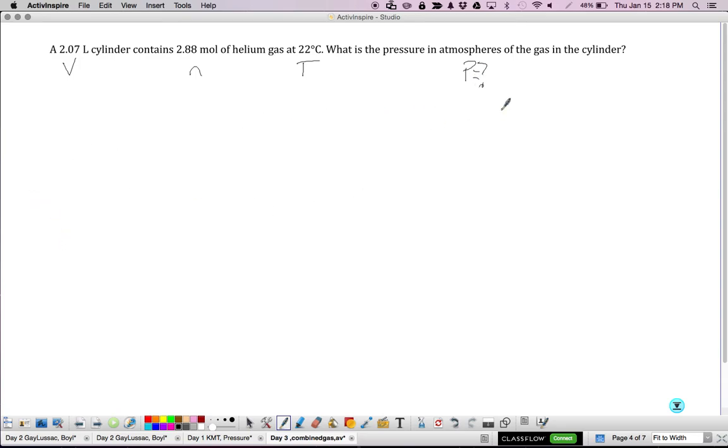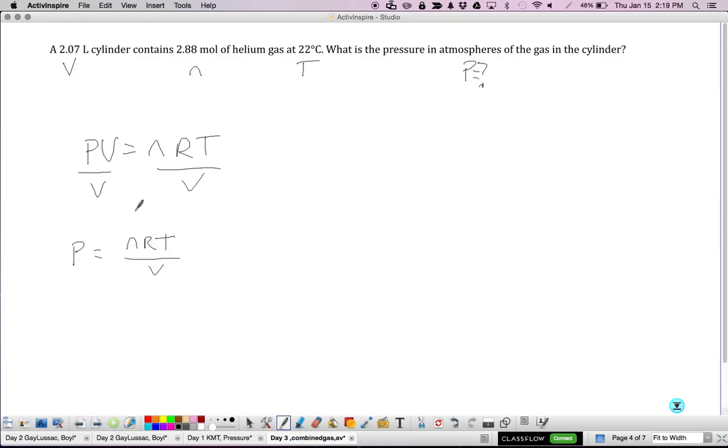Okay, so if you look, this is basically set up to be the ideal gas law, PV equals nRT, where I'm going to solve for pressure. So I'm going to divide both sides by volume. Okay, so pressure equals nRT over V.